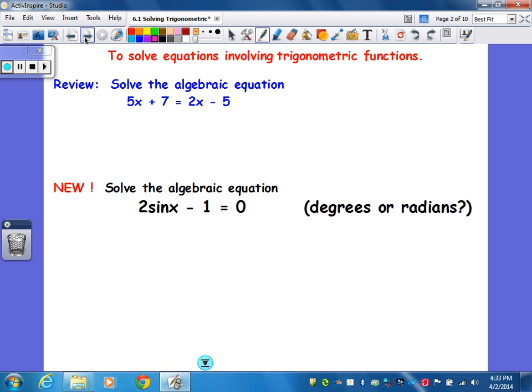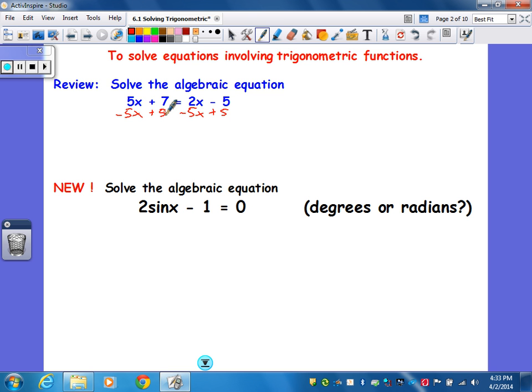Okay, we're going to do some review right away. We're just going to solve for x. That's all we need to do here. When you solve for x, you need to get all the same components on the same side. So first I'm going to subtract 5x from both sides, and add 5 to both sides.